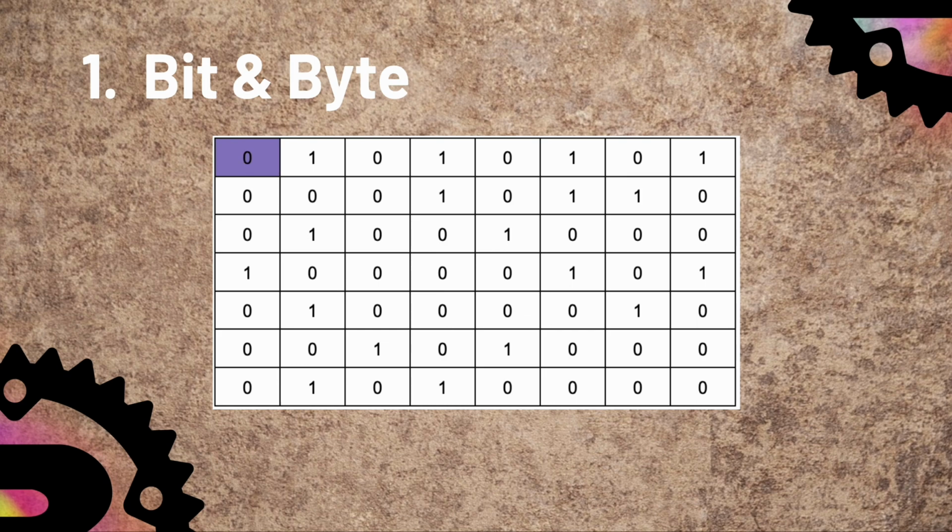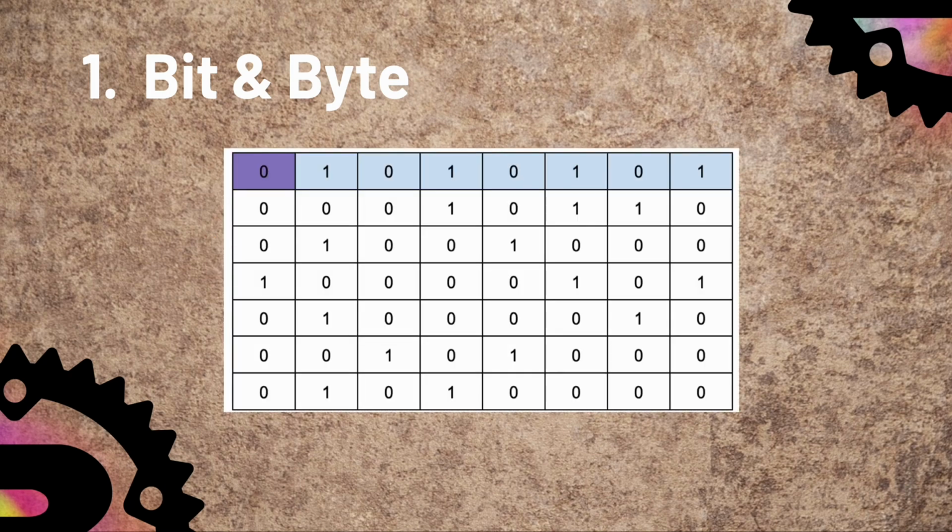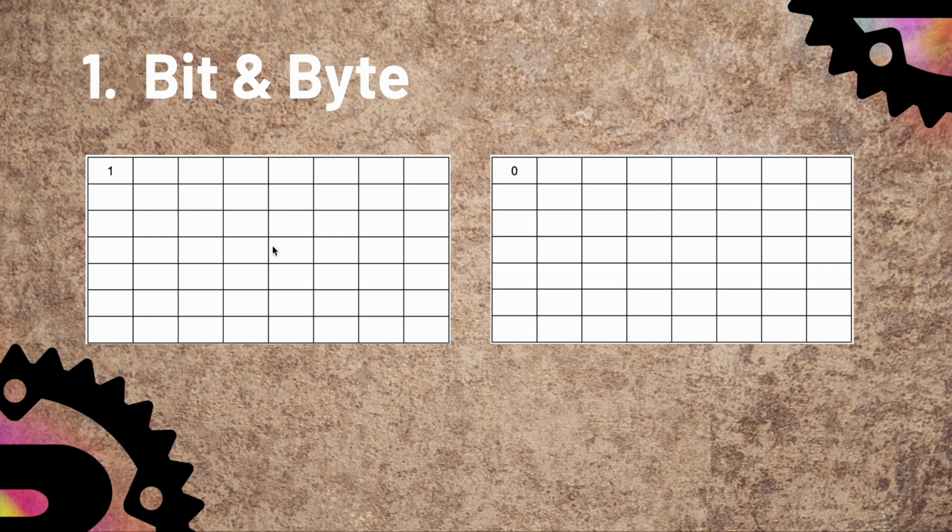A single bit like this is not enough to encode a number such as 123 or a piece of text such as hello. So to make working with bits easier, we put several of them together like this. Now, a single bit can only encode two states, 1 or 0.